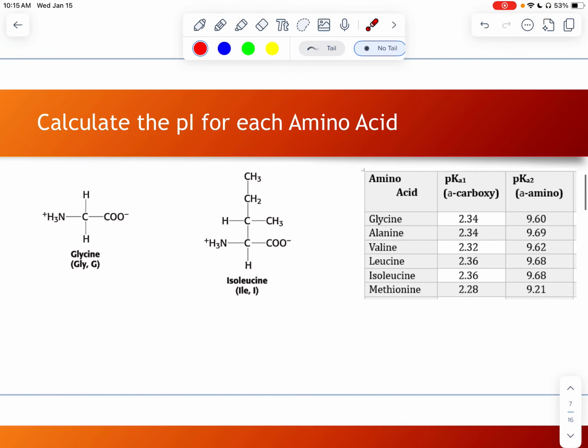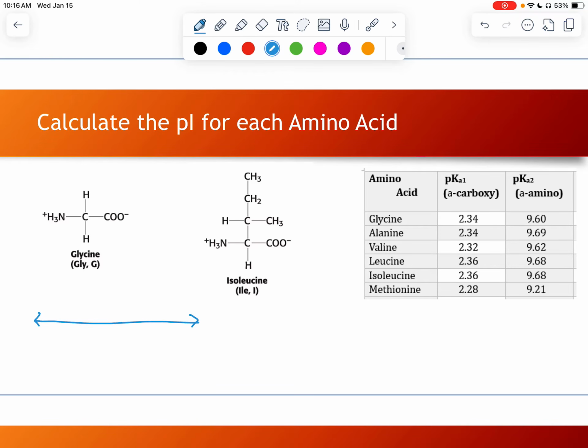And we're going to do that on the next slide here. So when you look here, I would like you to try these two. So you want to calculate the pI for each of these amino acids. All right, pause and see if you can figure that out. All right, if I look at glycine, you can think about kind of a number line here.